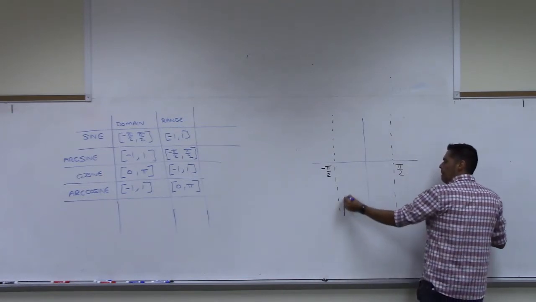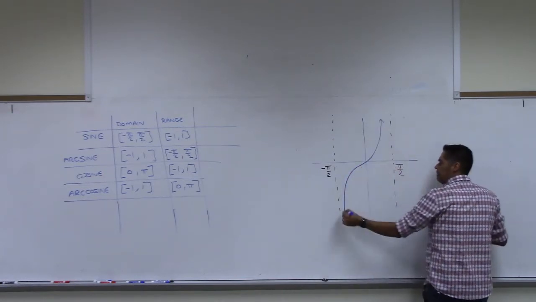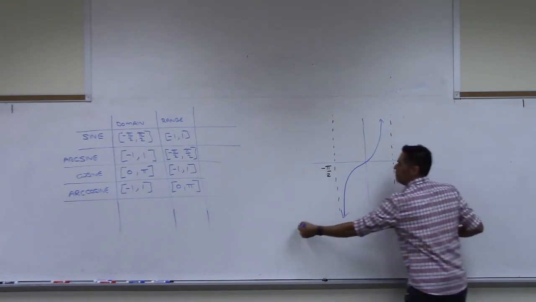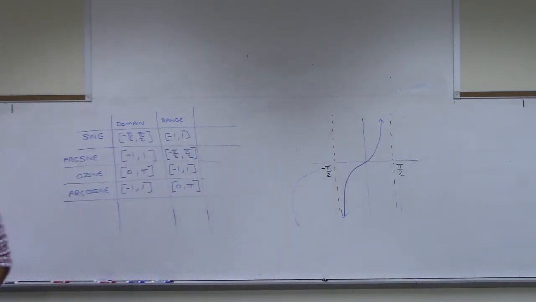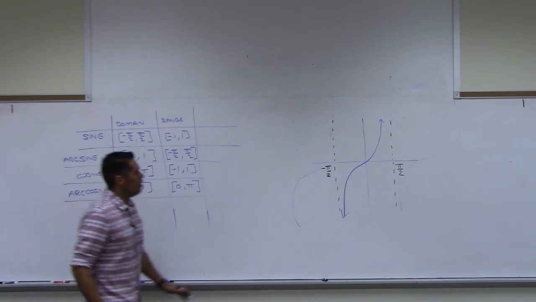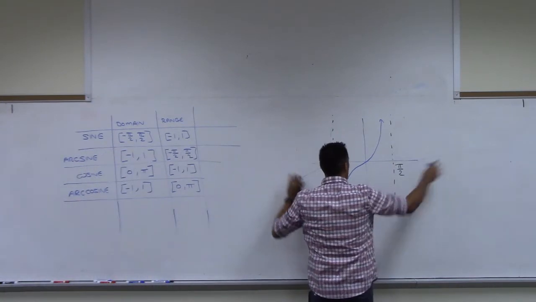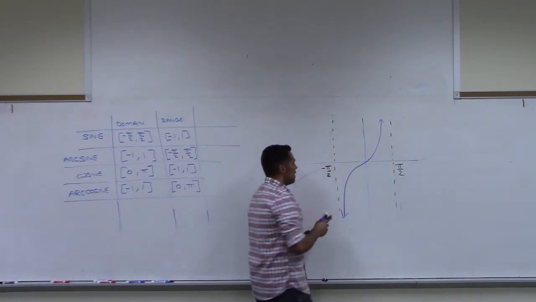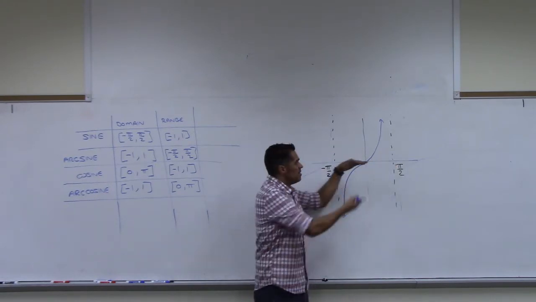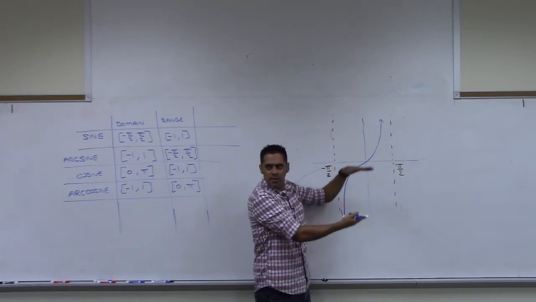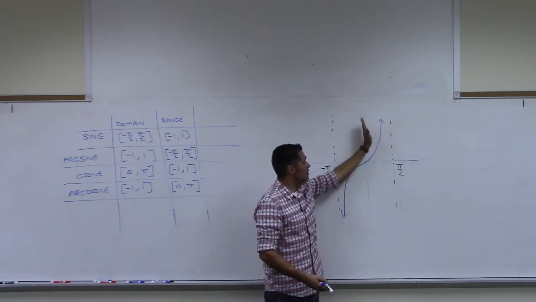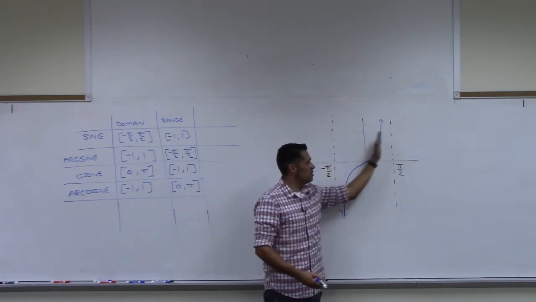So remember that picture, and then it kept on doing it on both sides. Where would we make our natural cut here to create a function that has an inverse? Negative pi over 2 to pi over 2. We take all the other junk out and just look between here and here, because between here and here it achieves its entire range, and it'll pass the vertical and horizontal line test.